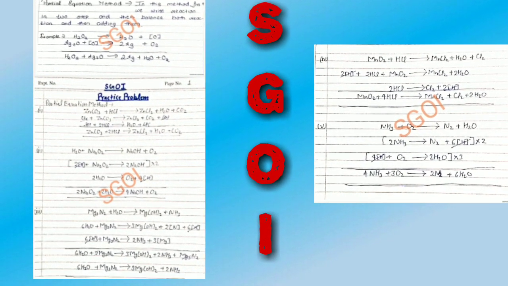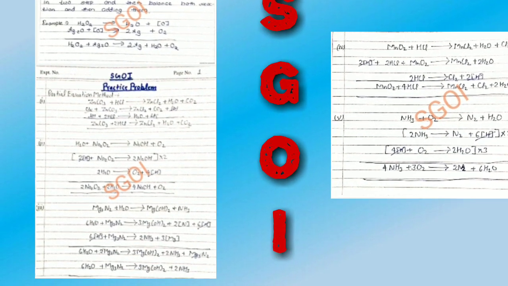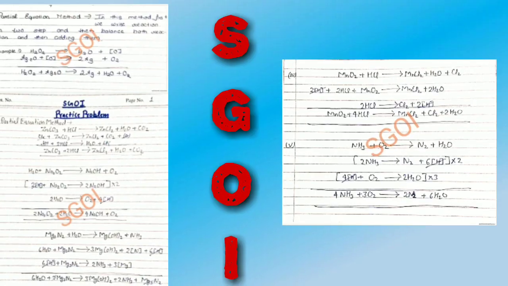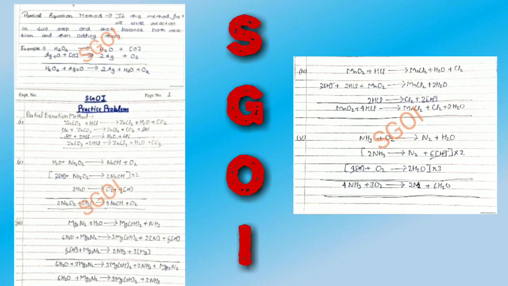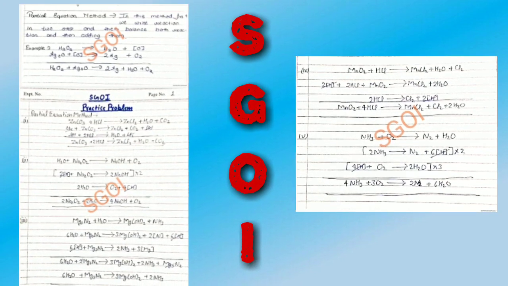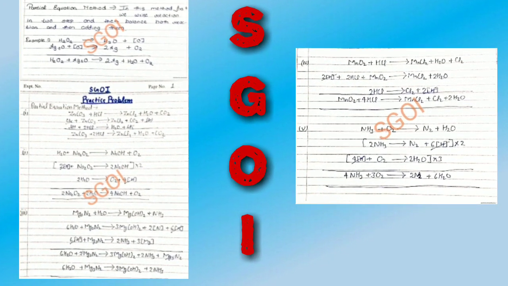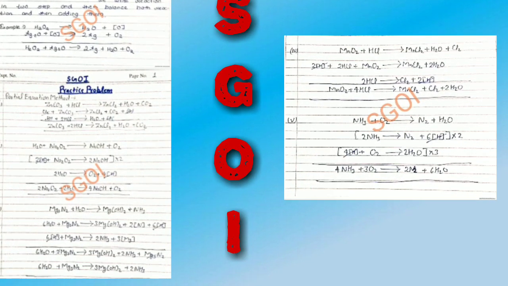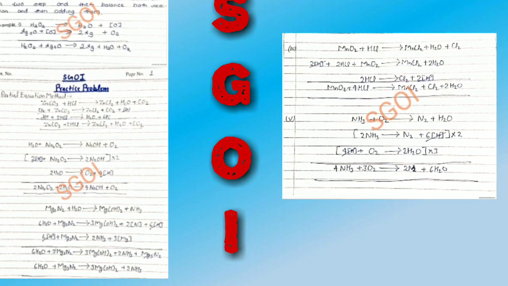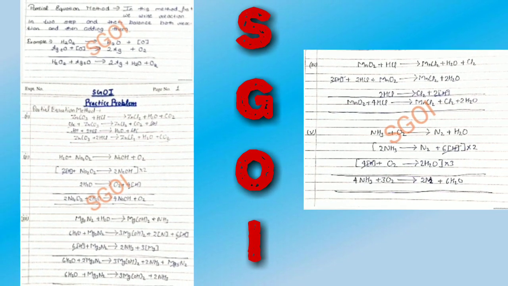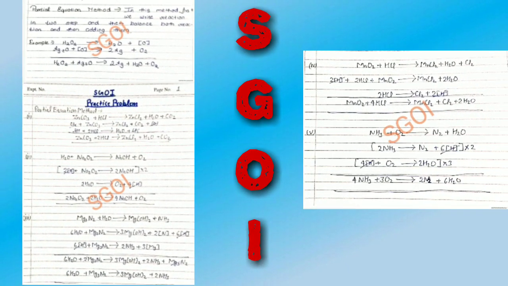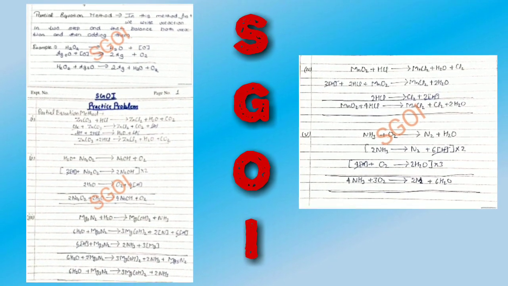Now the fourth reaction is MnO2 plus HCl gives MnCl2 plus H2O plus Cl2. Now make two half reactions. First is MnO2 gives MnCl2 and second is HCl gives Cl2. In the first half reaction, first we balance chlorine by HCl, hydrogen by water, and again hydrogen by nascent hydrogen.